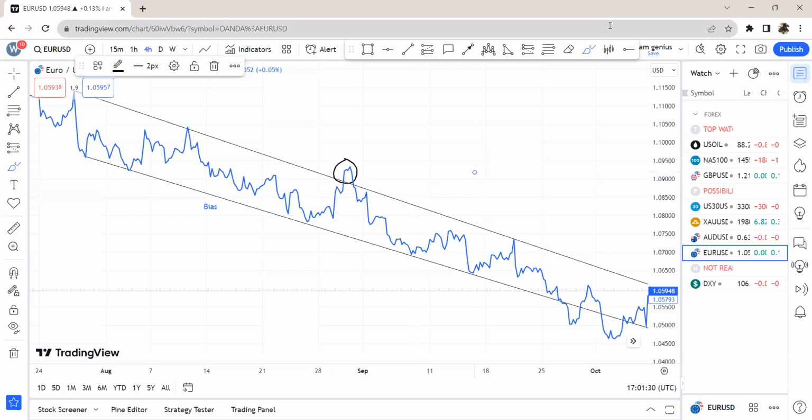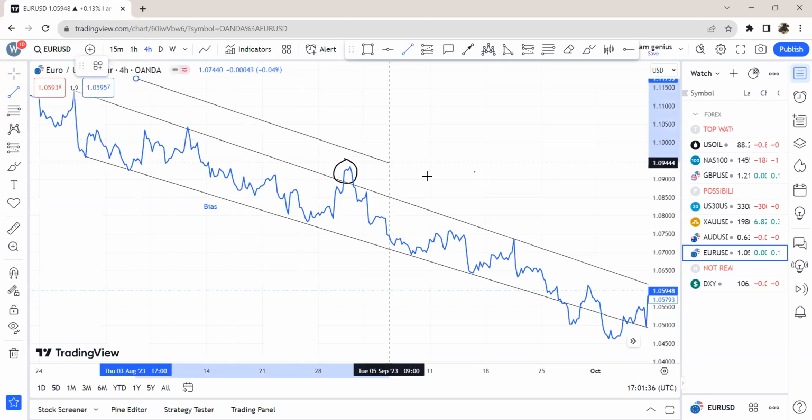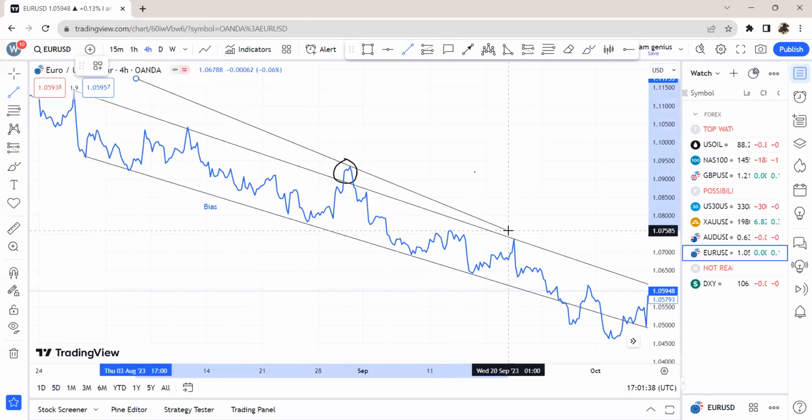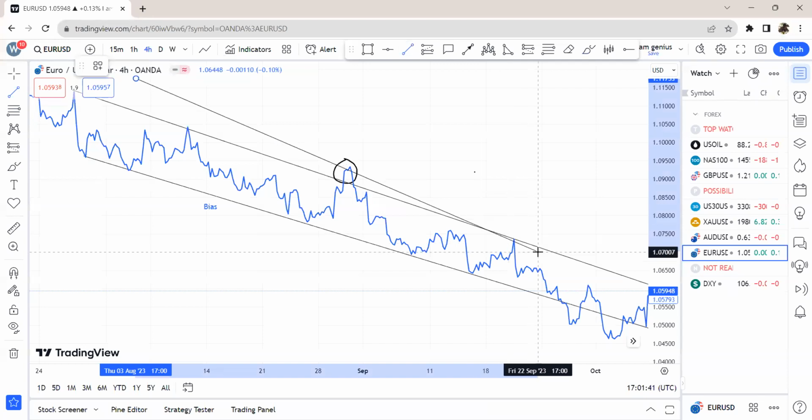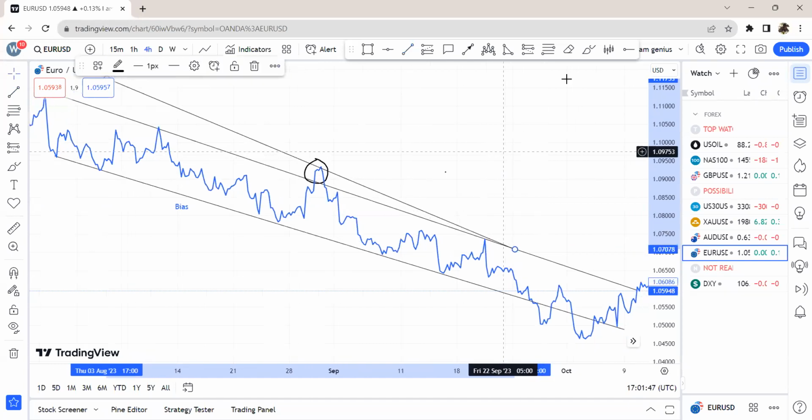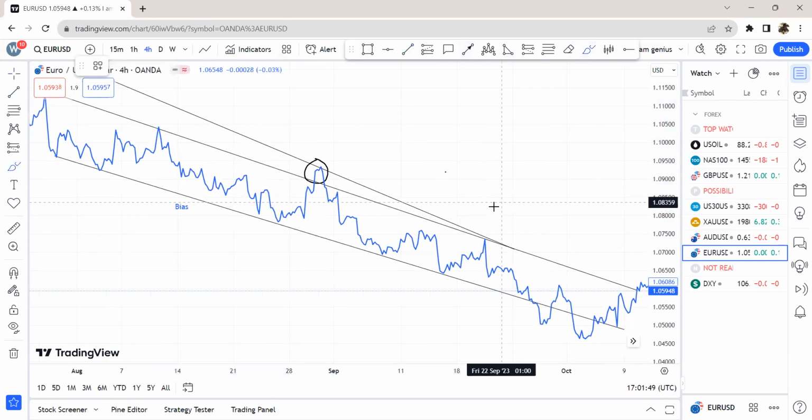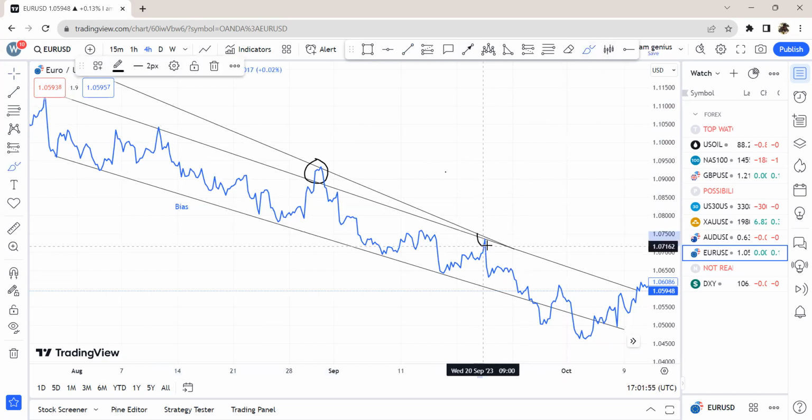Why? Because if I was to draw a line touching this, you'll notice that it will have fewer touches. Maybe it only touches this point and this one here, and this point there. So you want to avoid this.